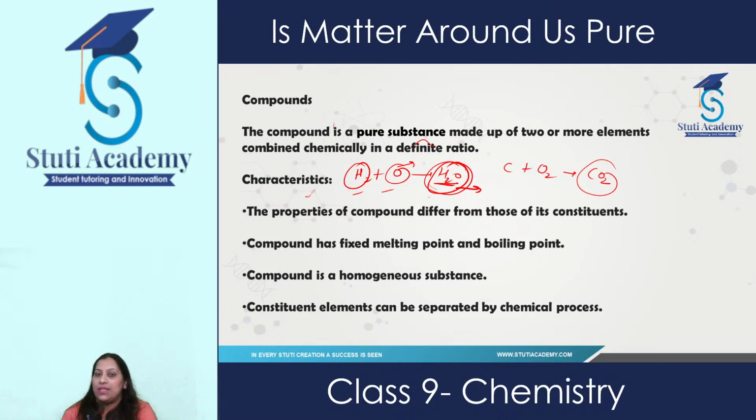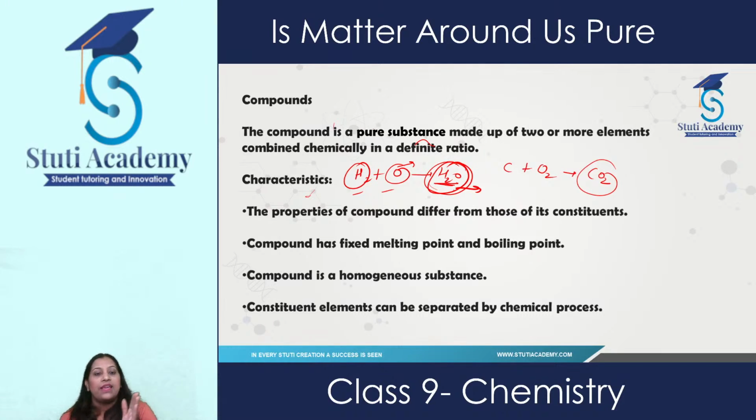And the constituent elements which are involved in making a compound can be separated by chemical processes or by passing electricity through them. When we pass electricity, we can easily segregate those substances which are involved in that compound.